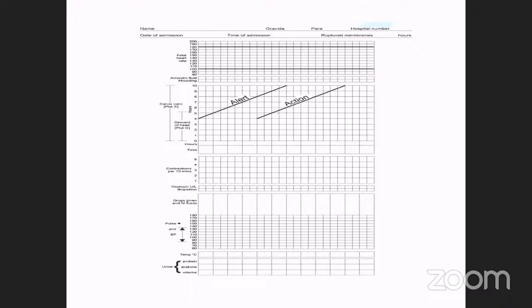Because the essence is you should be able to communicate the state of labor, identify the situation, and if there's a need for referral, quickly refer the patient. Or if there's a need for intervention, institute the appropriate intervention so that you prevent the occurrence of prolonged labor and the adverse outcomes that are usually associated with prolonged labor.